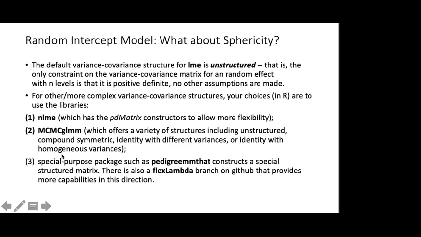You can also use the MCMCglmm package, which is basically a multivariate generalized linear mixed model. That uses Markov chain Monte Carlo techniques, and so that is mostly to fit Bayesian models. If you use a Bayesian approach, that also gives you more options.